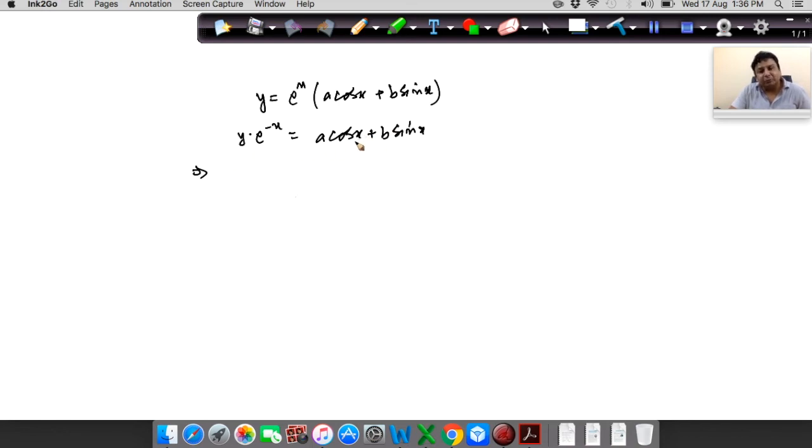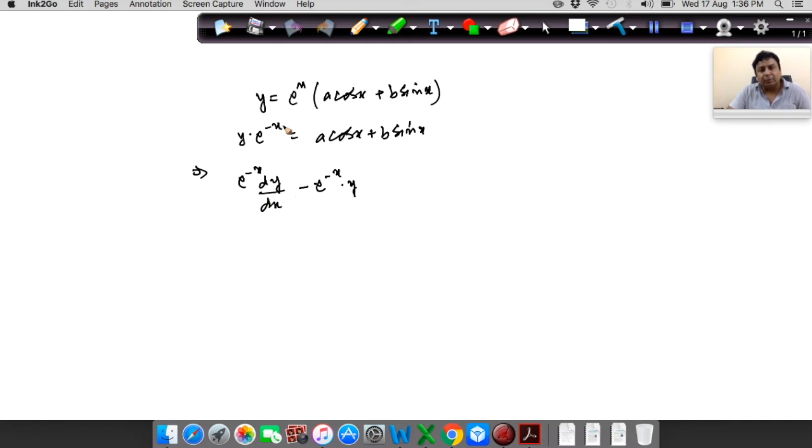Now differentiate both sides. We get e to the power minus x as it is into dy by dx, and minus e to the power minus x into y, doing product rule. Like e to the power minus x as it is, y differentiated.